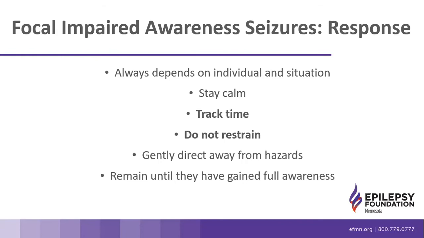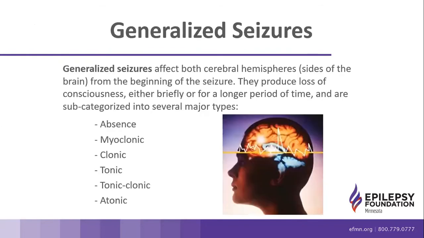They might be frightened, they might be confused, but it's a finite event. Unlike some other circumstances a person could be in, such as intoxication, that can go on for a longer period of time than a few minutes, a seizure starts and stops and is a finite event. So that is the focal impaired aware seizure.